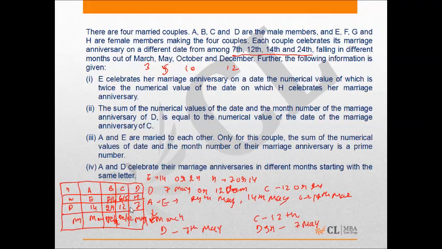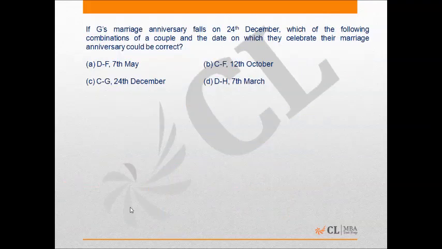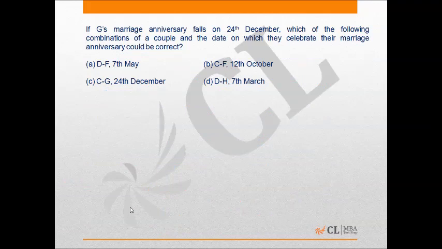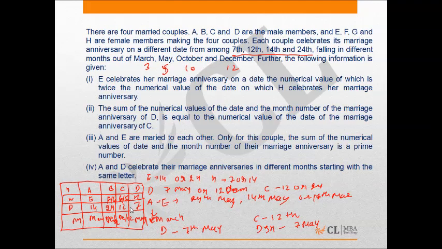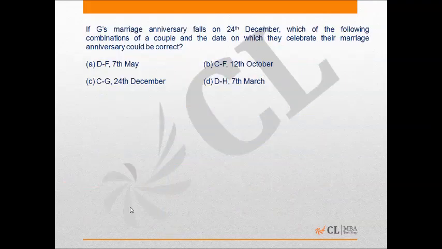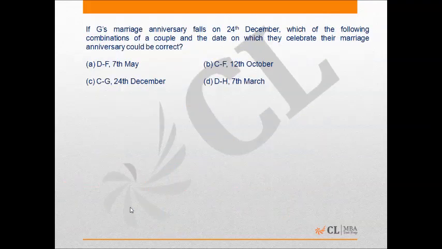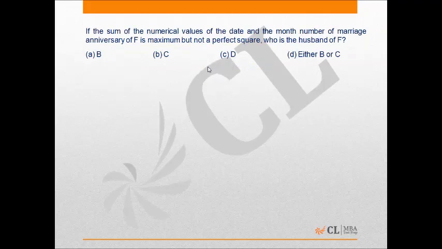G celebrates her marriage anniversary on 24th December, which means B is married to G, and in that case, C is married to F, and they celebrate their anniversary on 12th October. Therefore, option B is the correct answer. Let's come to the next question.